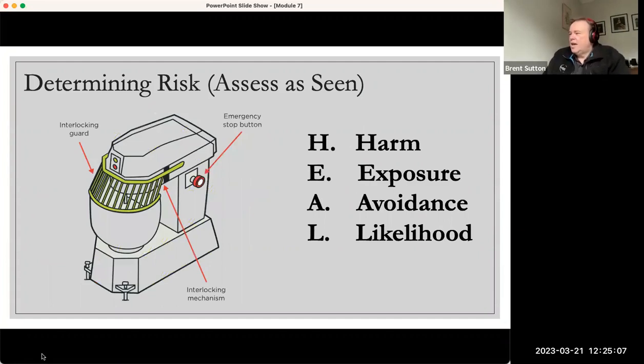Here we go. So now we have a different type of machine. This is a machine that's used in commercial baking. And in this case, we've got a machine with an emergency stop, an interlocking mechanism with a guard that is interlocked. So what does that mean? The moment the guard is lifted, the machine is de-energized.